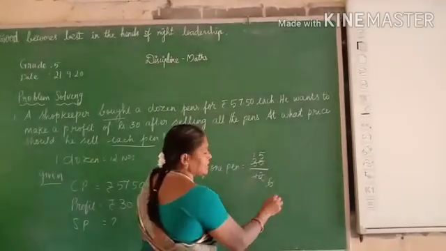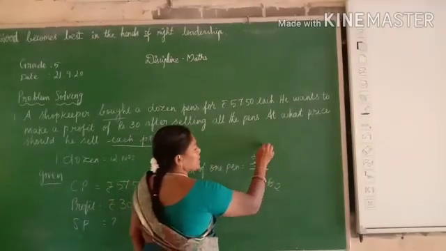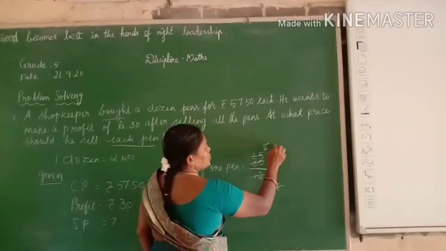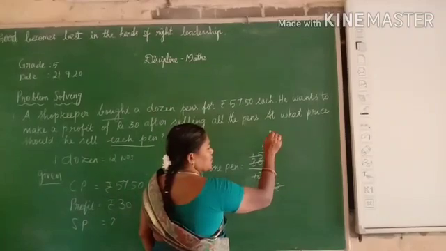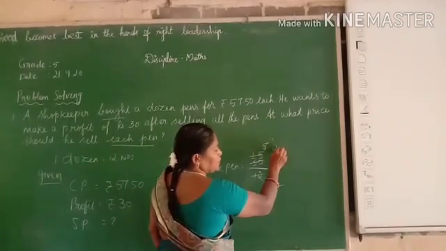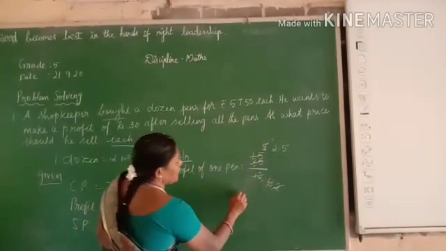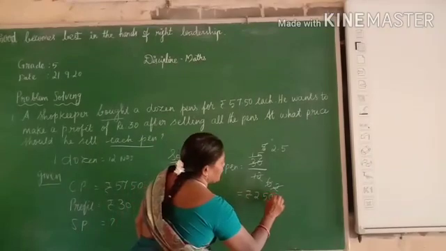Not 2 tables, 3 tables we have to divide. 3 twos are 6, 3 fives are 15. Again, 2 twos are 4, remainder 1, we put a 0, 10, so we put a decimal point. 2 fives are 10. So the profit of 1 pen is 2 rupees 50 paise.